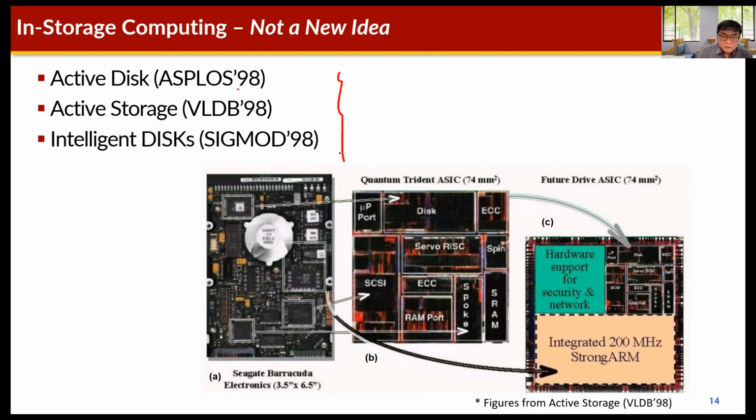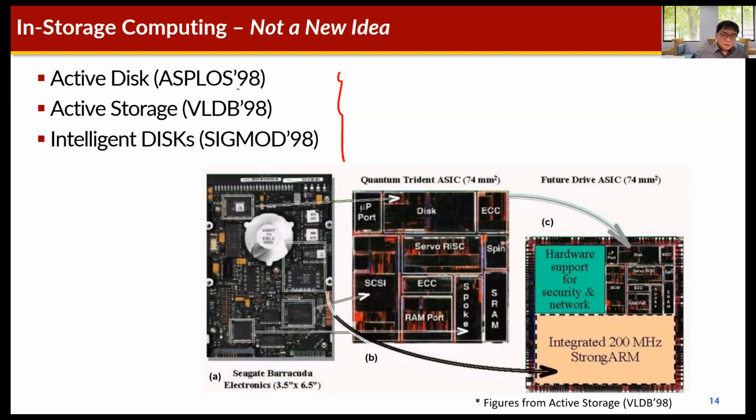But if you read this paper, you can find that it assumes host CPU-like processors, such as Intel CPUs. The authors assume that the host CPUs can be applied to these storage systems.